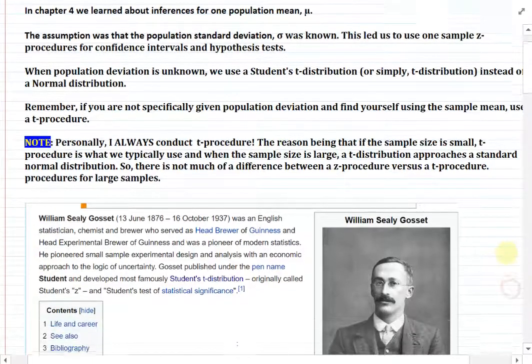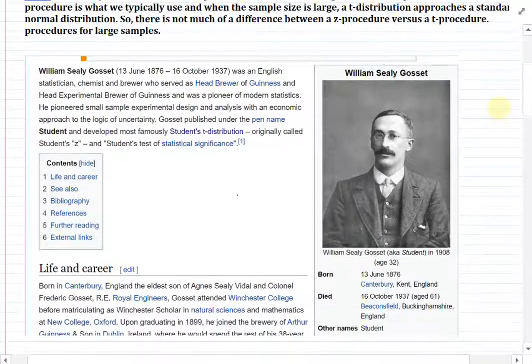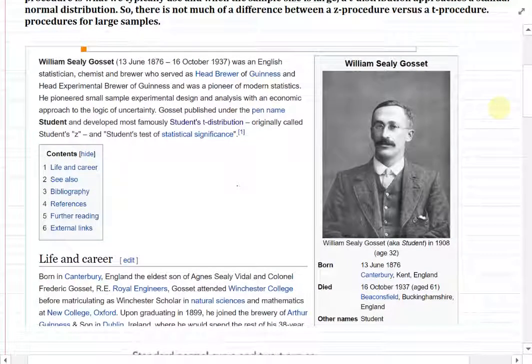Now, just as a historical note, here's the gentleman that actually came up with the distribution: William Sealy Gosset. You can do a Google search; I got this from Wikipedia, and you can read about it.